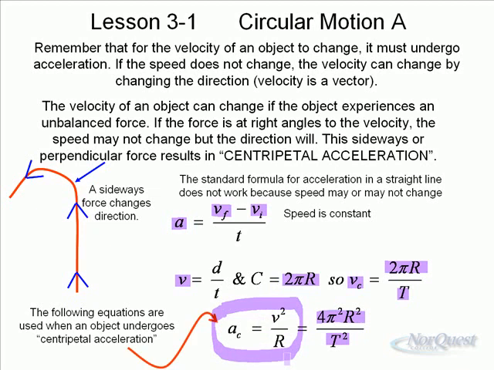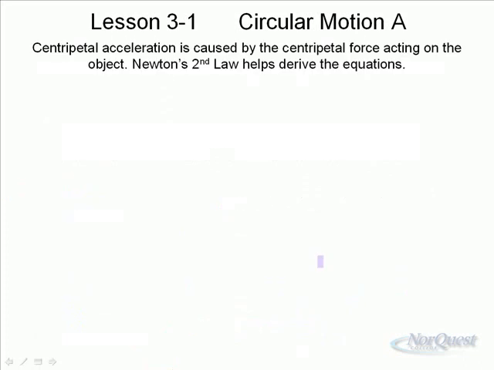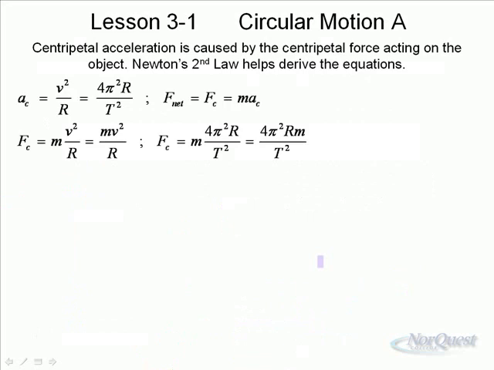All right, so the following equations are used when an object undergoes centripetal acceleration, either v squared over r or sometimes 4 pi squared r over t squared. And so centripetal acceleration is caused by the centripetal force acting on the object. Newton's second law helps derive these equations. So if we look at all the equations that we're going to use for both centripetal acceleration and centripetal force, here we go.